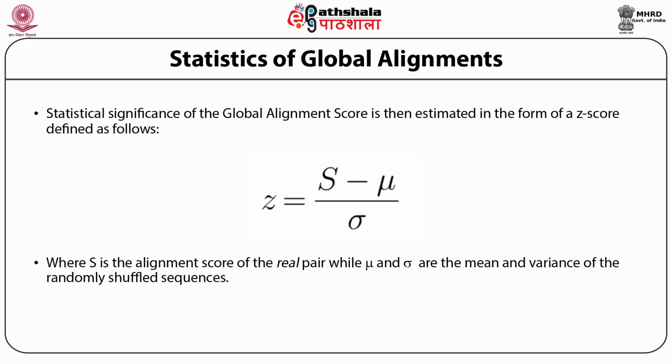Now if the alignment score of a real pair is something close to random, which means that it's not very different from the average value of a random sequence, which would be mu, then this z-score would be very small. But if it is a significant alignment, if it has a score which is very different from the average of random alignments, then the z-score would be very high. So let's start with that.